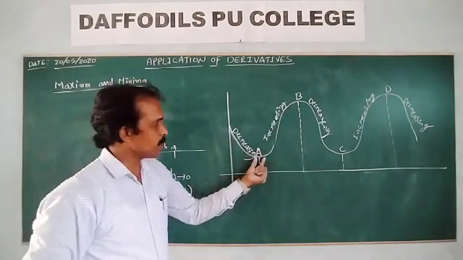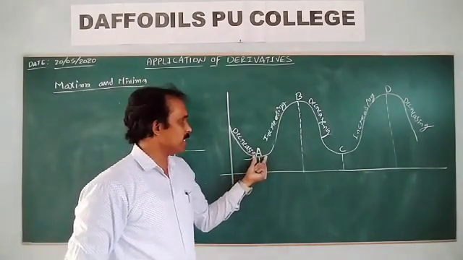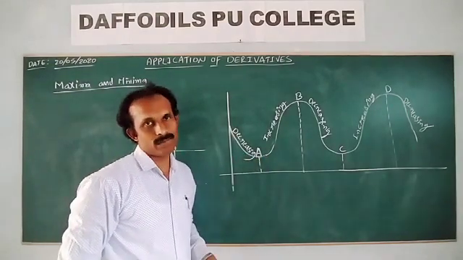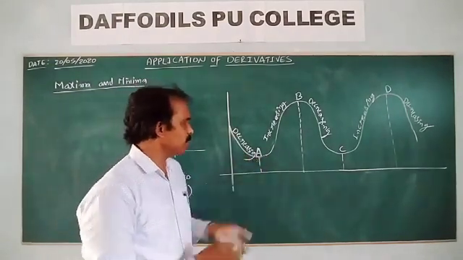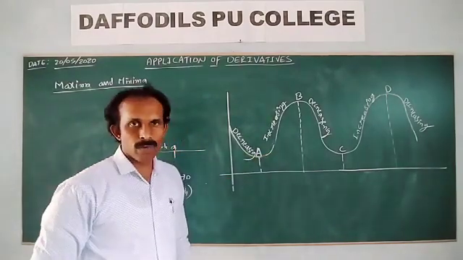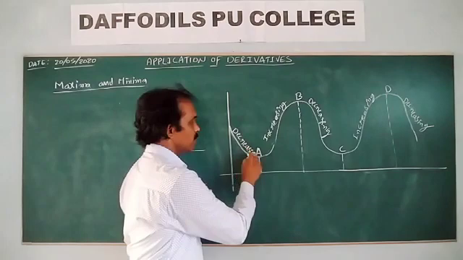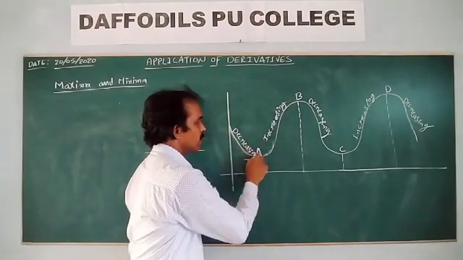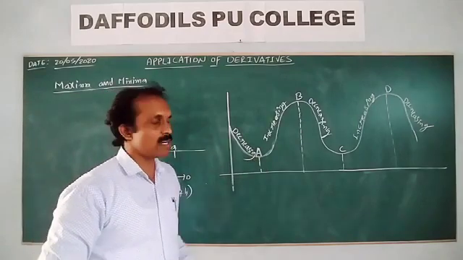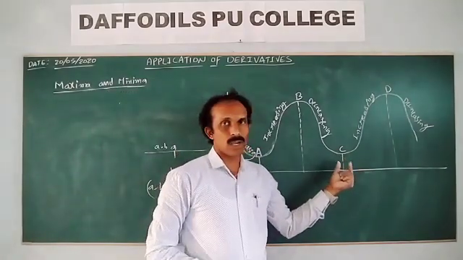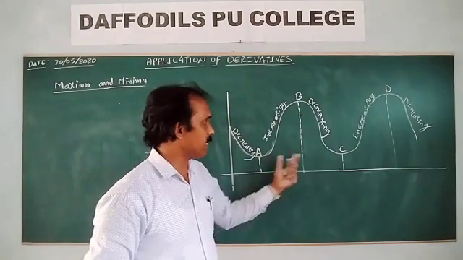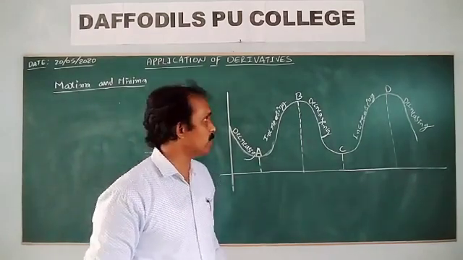With respect to the neighborhood interval points, this point is called a local minimum value. It means not the overall minimum, but minimum with respect to some neighborhood interval points. So A and C are called local minimum values.